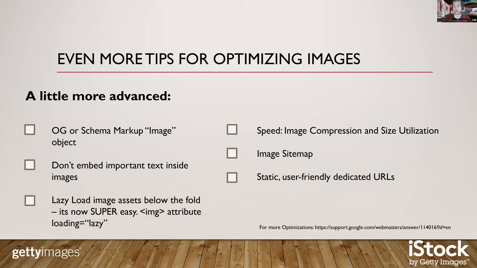Other systems are starting to use the loading equals lazy attribute as well. So the fallback to it is very simple. Nothing breaks. If there's a browser that doesn't understand that attribute, it just keeps working like you never used it before. But if you implement those couple of characters, you now have automatic browser lazy loading. And because Google grades you off of their Chrome system, which understands that, it will improve your page loading.